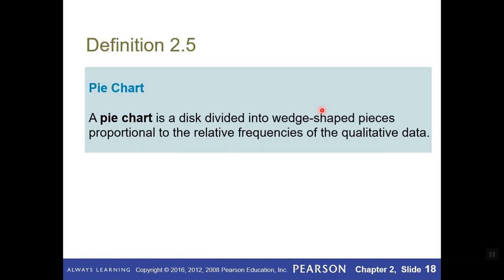Okay. Next one is pie chart. We can show this qualitative data by using a pie chart as well. Pie chart is a disk divided into wedge shaped pieces proportional to the relative frequencies of the qualitative data.